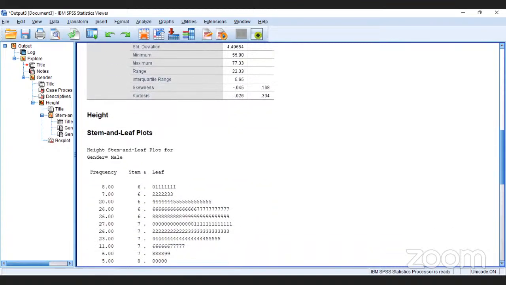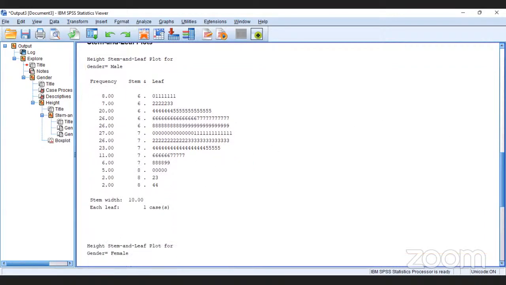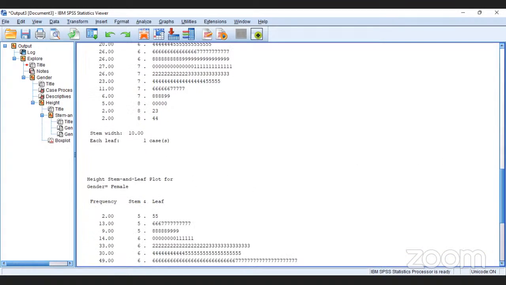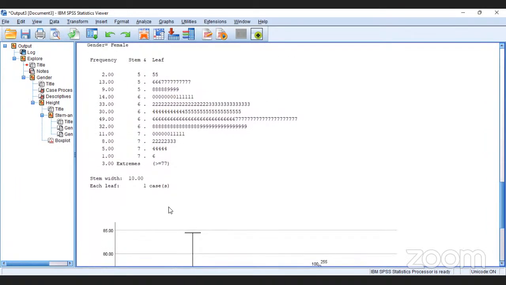So now we have the stem and leaf. Often the stem and leaf helps us better to track the extreme values. For the category of men, we do not have any extreme values. Normally, if we had, we'd see it here, right? But for women, the stem and leaf tells us that we have 3 extreme values.